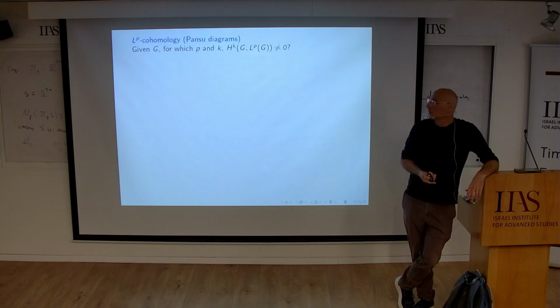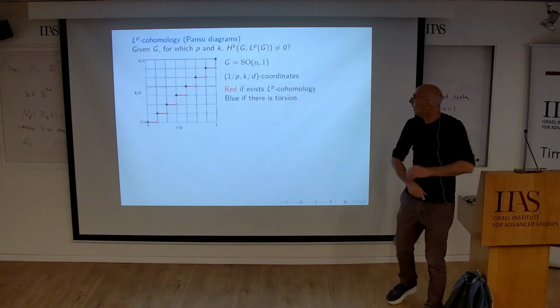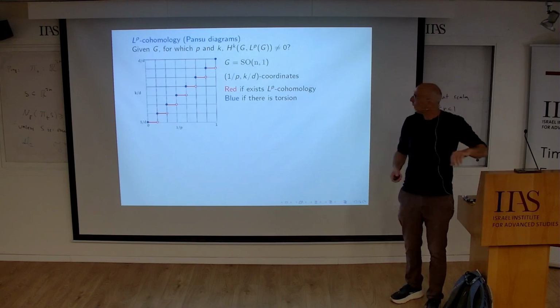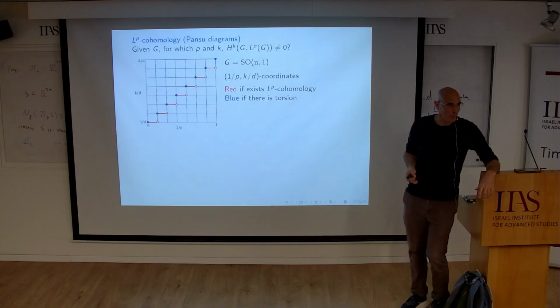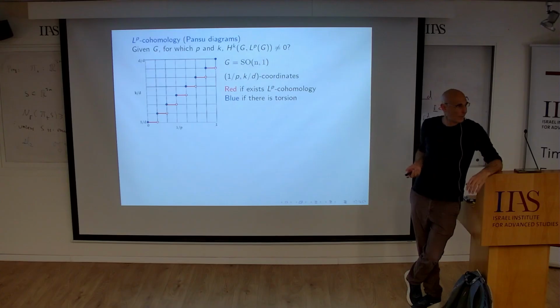As such, it was studied by Gromov and Pansu in particular, and Pansu was actually able to compute this. He computed this only for a few groups, including all of SO(n,1) and SU(n,1). Here I show you the computation for SO(n,1). The computation for SU(n,1) is quite similar, and I find this actually quite beautiful.